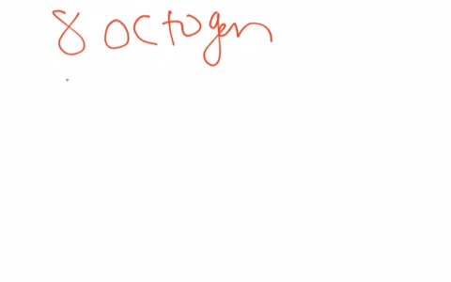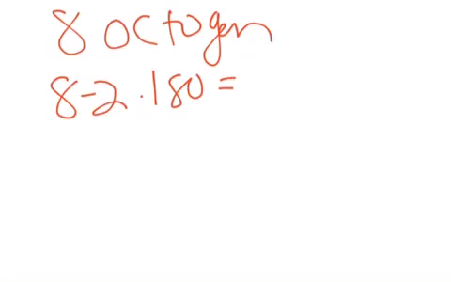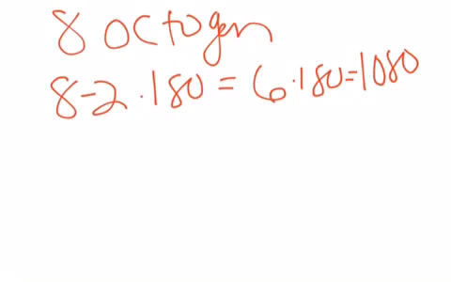All right, so let's do an octagon, 8 sides. Let's do 8 minus 2 times 180 for my total degrees. So 6 times 180, the sum of all the angle measures, is going to be 1,080 degrees.